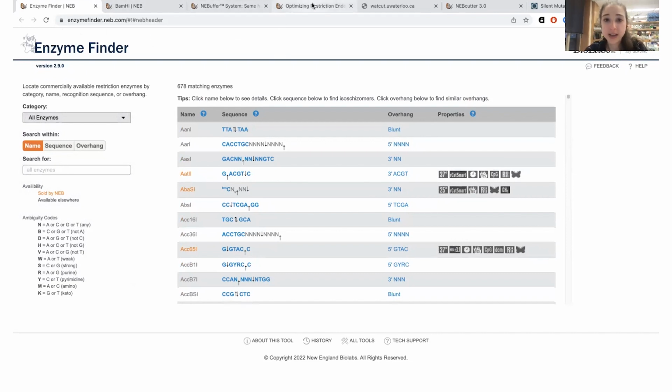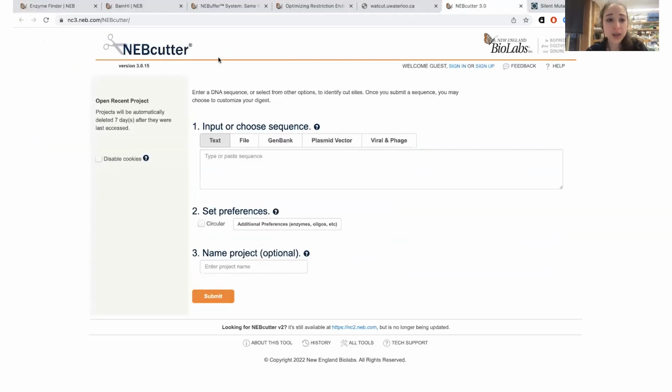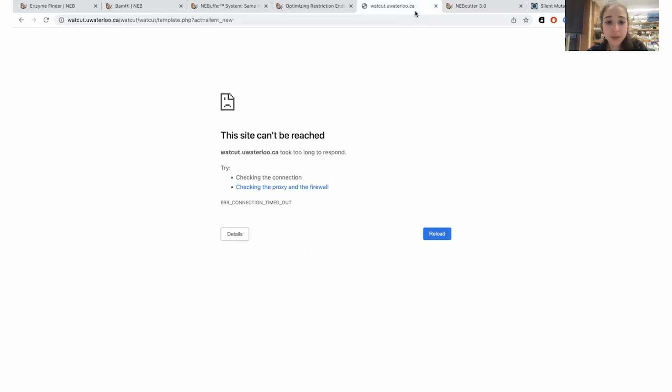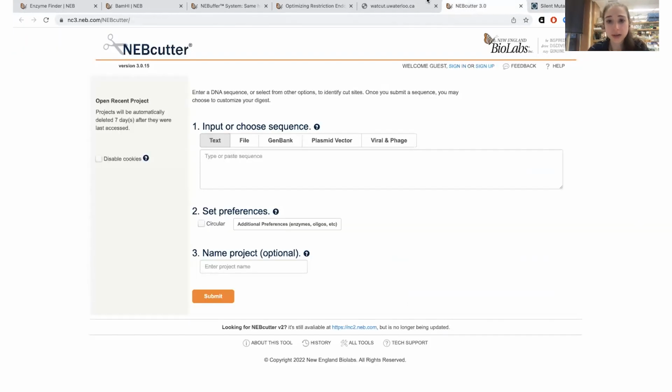They also have tools like NEBcutter, which will find restriction sites for you. There used to be a site called WhatCut. I haven't been able to reach it, but I found this other site, Silent Mutator, which will find mutations you can make to introduce or eliminate a cut site when you're trying to do some sort of cloning or analysis, as we talked about.